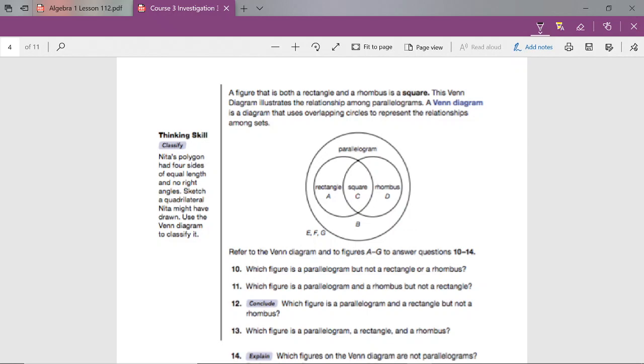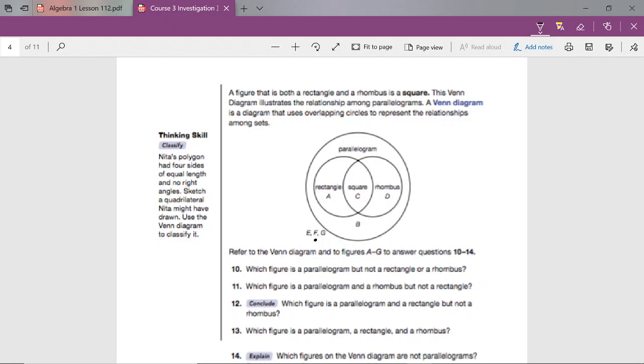So we can see here that in the big circle, we have parallelograms. Everything that's inside of here, including A, C, and D, and of course B, is a parallelogram. If it's on the outside, we would consider it not a parallelogram. So E, F, and G are not parallelograms.